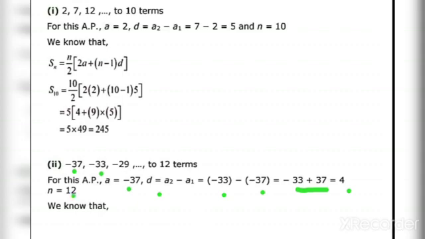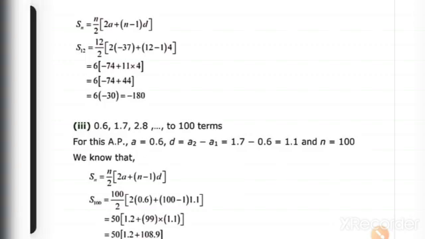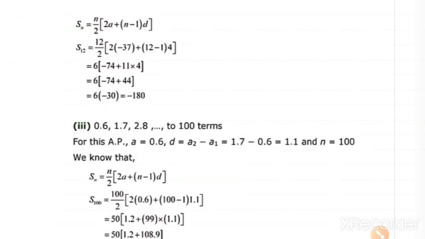So n is equal to 12 over here. I put the values n is equal to 12, a is equal to minus 37, and d is equal to 4 here.